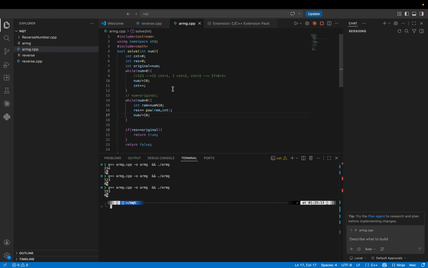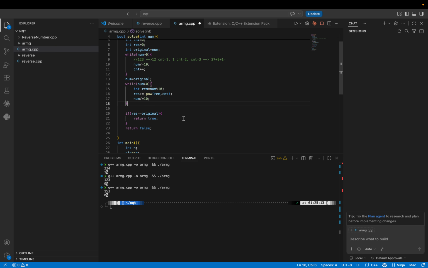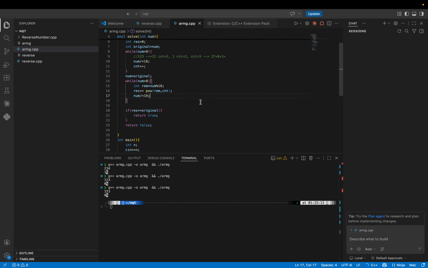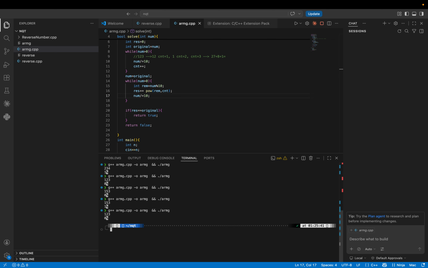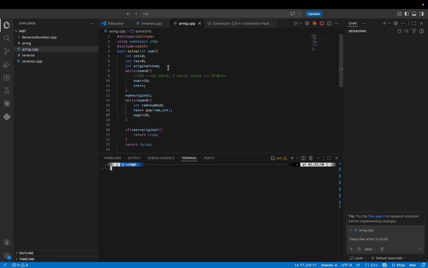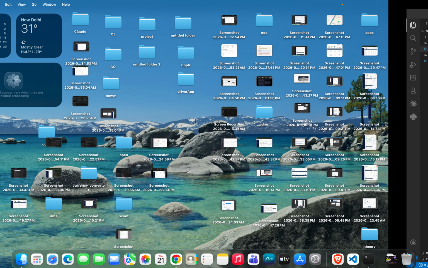My number is 0 and this will never run, so I really need to restore it here, and then should try to run. 1 5 3 is 1. 1 2 3 should be 0. Okay. 2 3 4 is 0. Okay, now it's working fine. So this was a good one, that we need to restore it the way we have used.